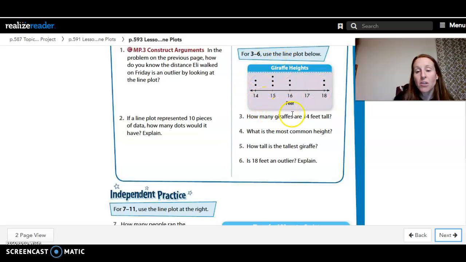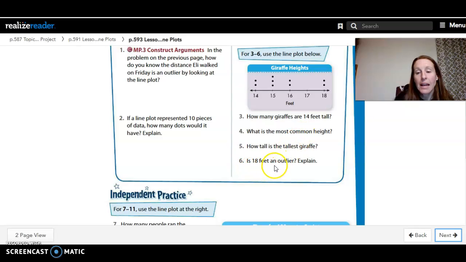So 15 feet tall is the most common height of a giraffe. And how tall is the tallest giraffe? Again, since it's a number line, I know I can come to the right side of the number line because it's the largest number. And the largest number with dots above it is 18 feet. So that is the height of the tallest giraffe.